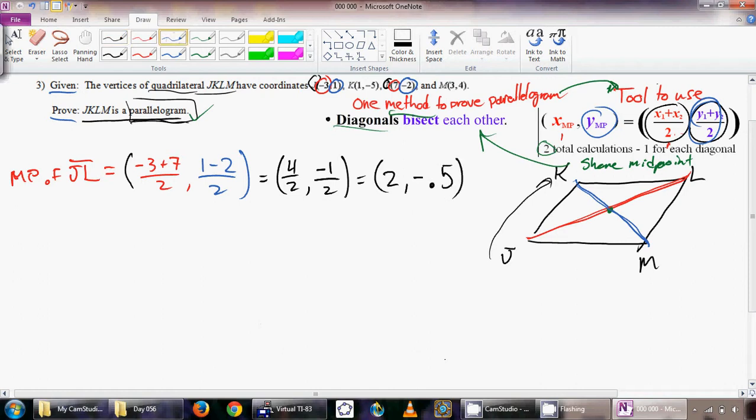That's the midpoint for the red segment, the coordinates of that midpoint. We need to find the coordinates of the blue one now, which will be the same.